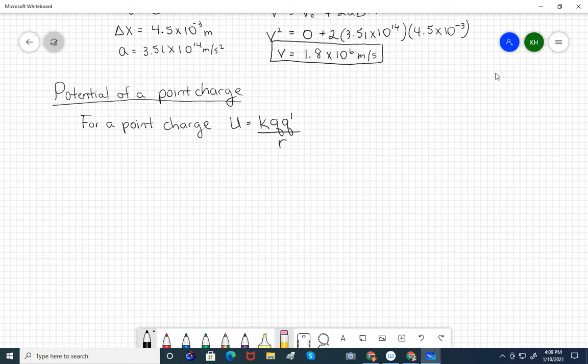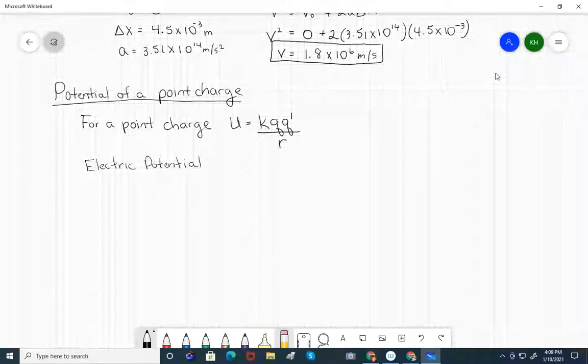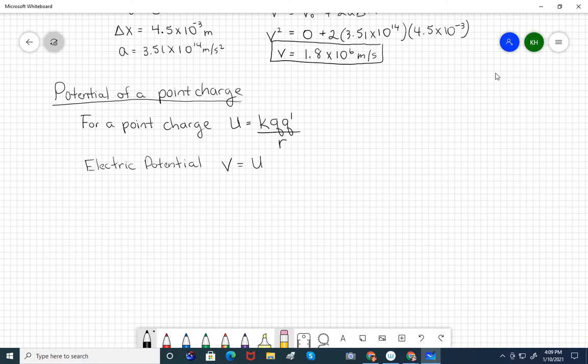That gave us the potential energy for a point charge q' because of another charge Q. That means that the electric potential, V, is just equal to U over q'. If we divide out the q', what we see is that our voltage is simply kQ over r.